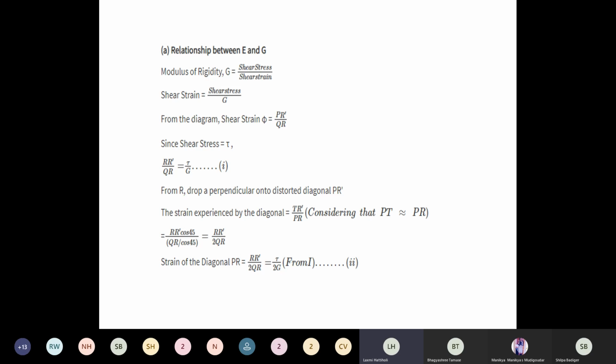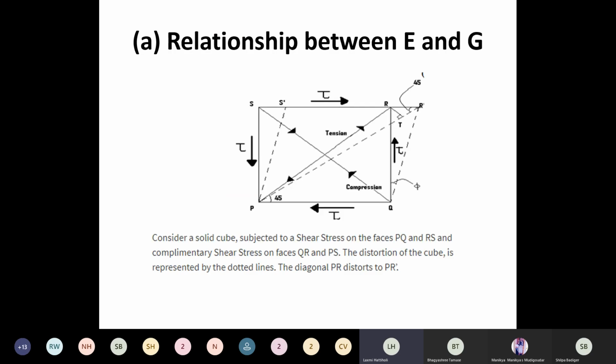I'll show you here. TR dash is nothing but RR dash cos 45. Now, how did I write this? What you are supposed to do is take the right angled triangle RTR dash. You can note it down separately. Consider a right angle triangle RTR dash, wherein angle RR dash T is taken as 45 degrees.